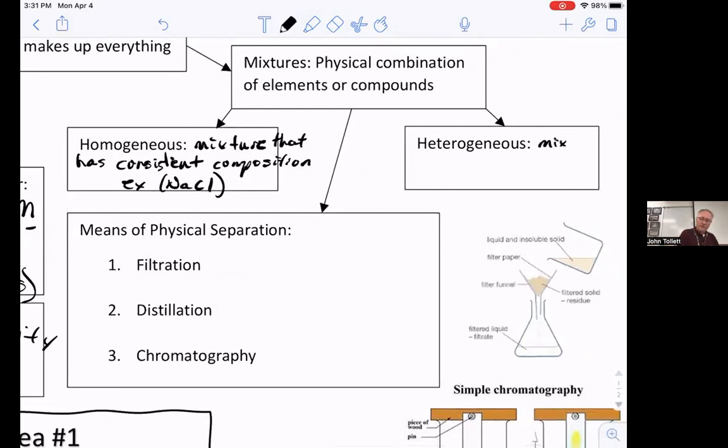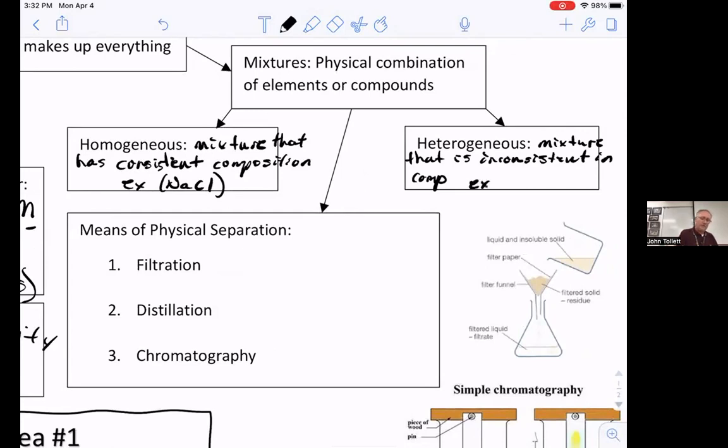Heterogeneous is the opposite. It's a mixture that's inconsistent in composition. Solutions with a precipitate, oil and water, those are heterogeneous mixtures. A salad with a bunch of things tossed in it would be a heterogeneous mixture.